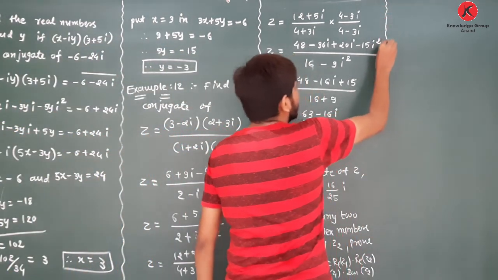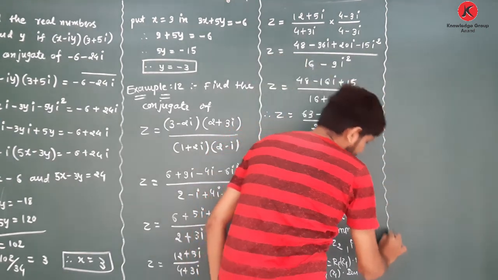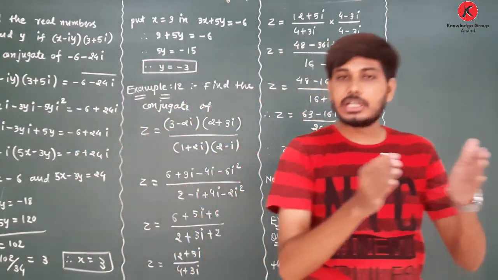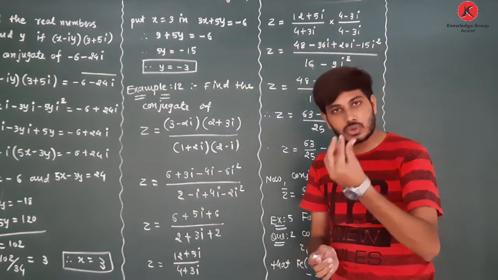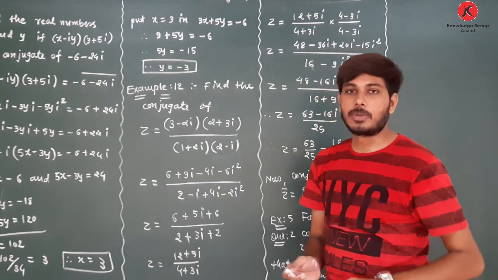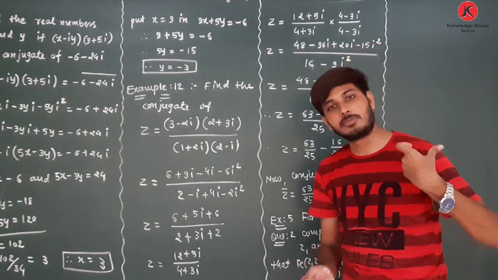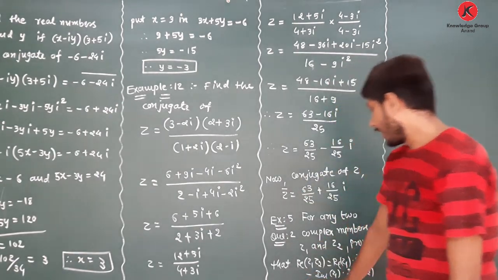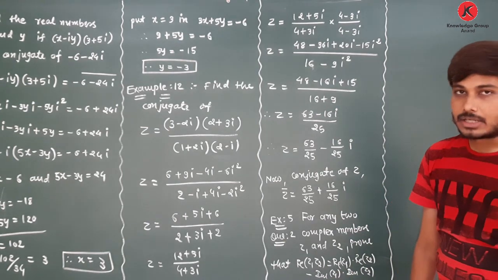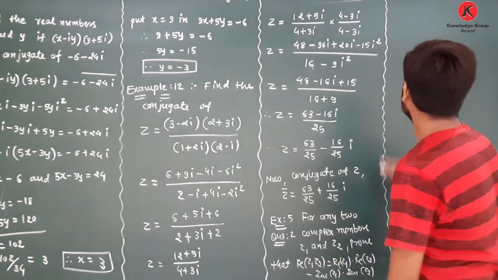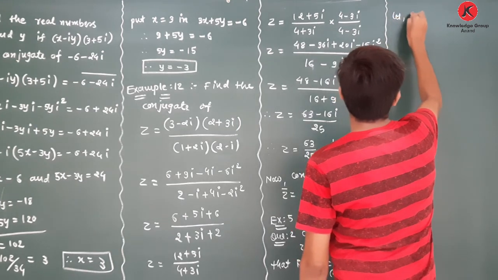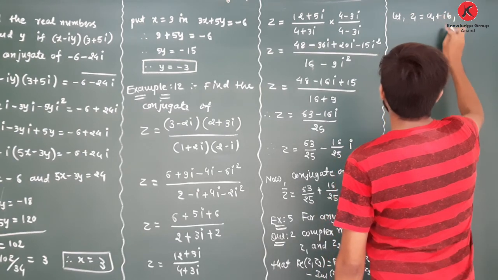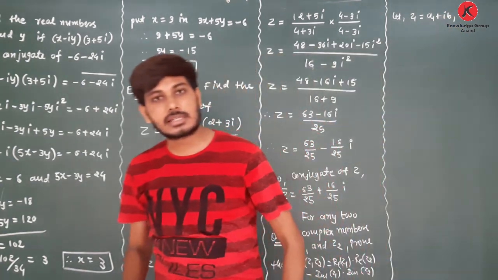The question is very simple: for any two complex numbers z1 and z2, prove that real part of z1 z2 is equal to real part of z1 into real part of z2 minus imaginary part of z1 into imaginary part of z2. To solve this type of question, we will have to suppose z1 and z2 as two complex numbers. Let me take z1 equals a1 plus ib1.